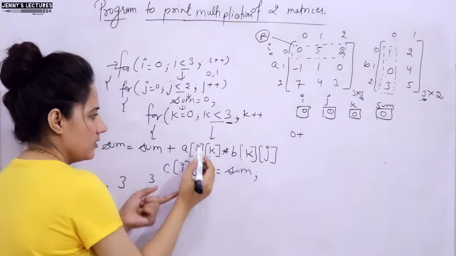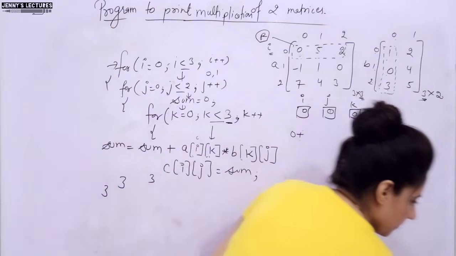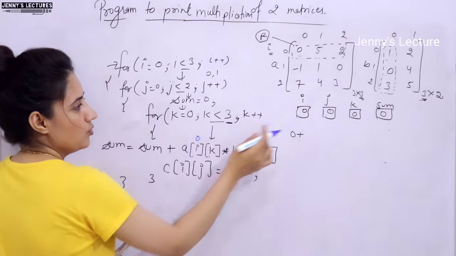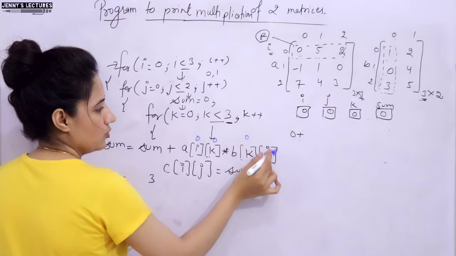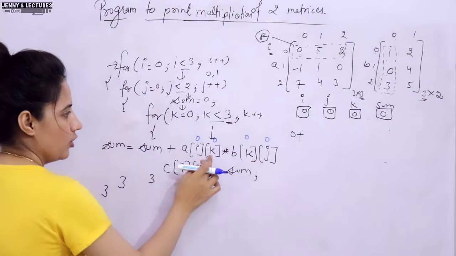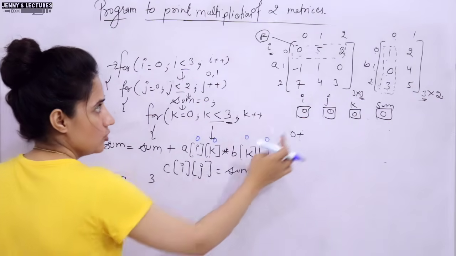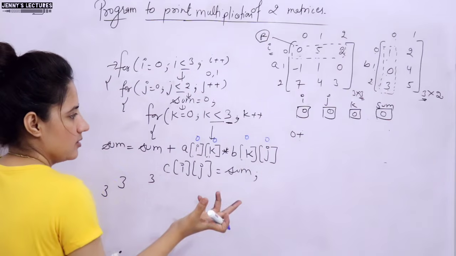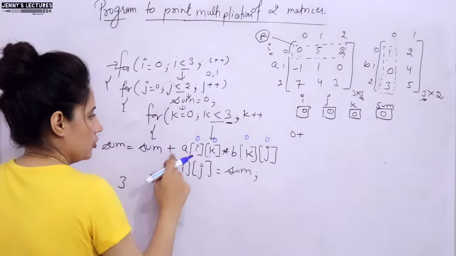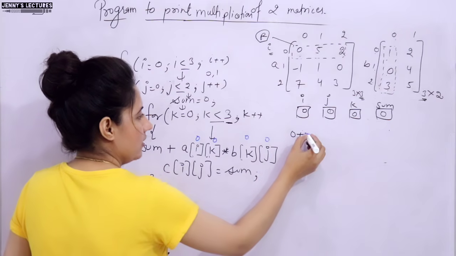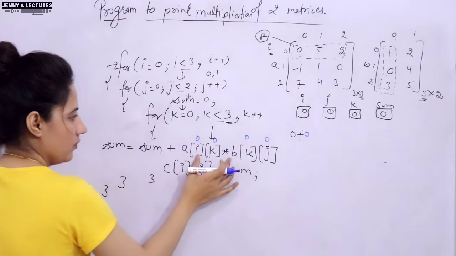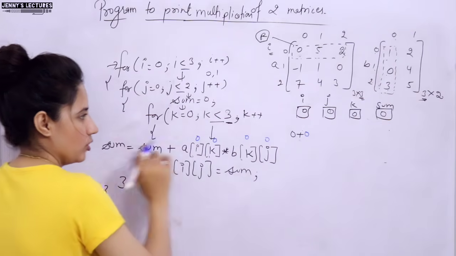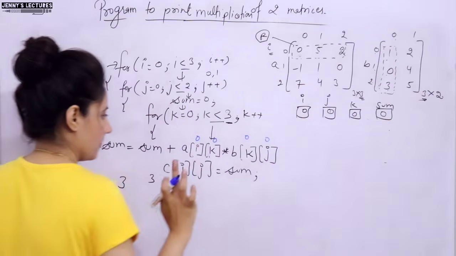Now what we are accessing: I value 0, k value 0, I value 0. So a of 0 0 means 0, b of 0 0 means 1. We are multiplying 0 into 1, that is 0, right. So 0 plus 0, and whatever the value, that would be stored in this sum. So now sum is still 0, right.